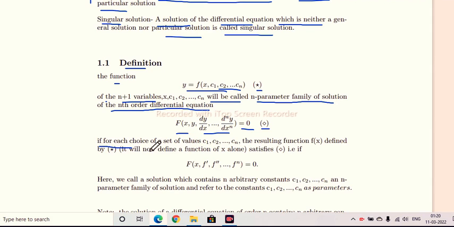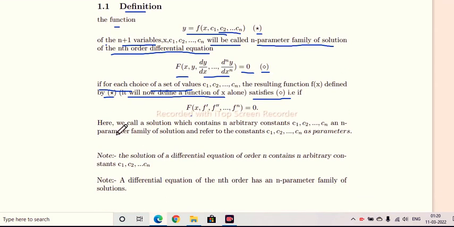If for each choice of a set of values c1, c2, up to cn, the resulting function f(x) defined by star defines a function of x alone satisfying diamond, with f, f dash, f double dash, up to f^n, here we call a solution which contains n arbitrary constants c1, c2, up to cn an n parameter family of solutions and refer to the constants c1, c2, up to cn as parameters.